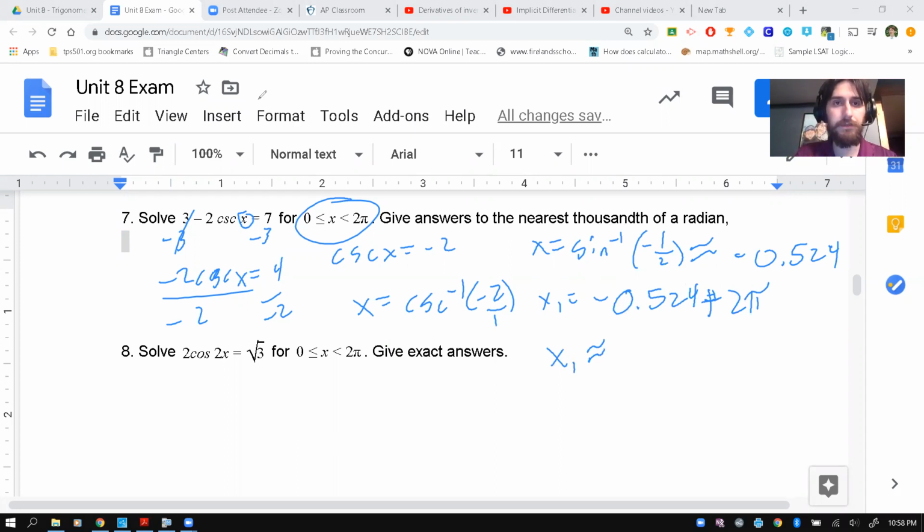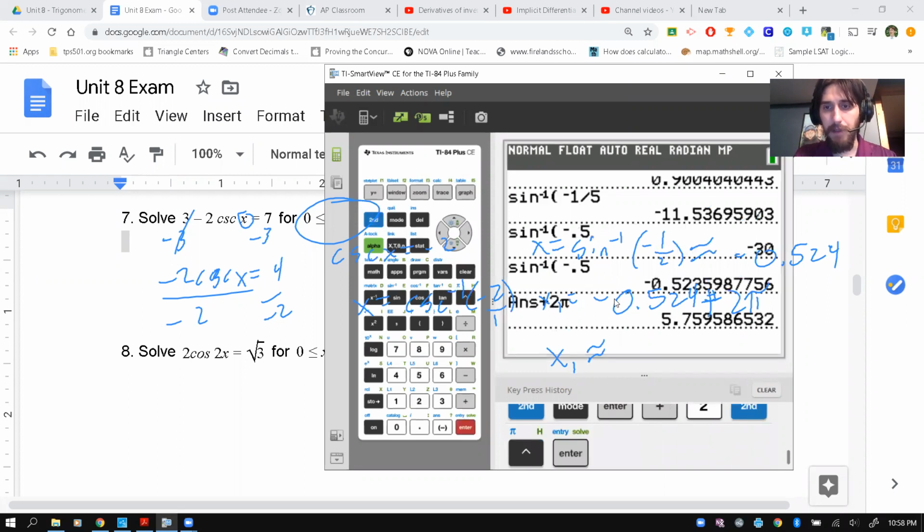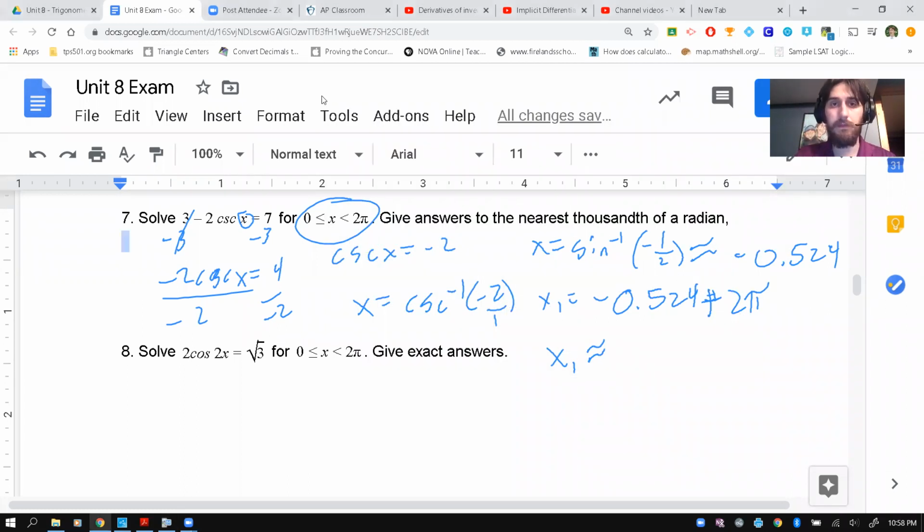Is that right? Plus 2 pi. 5.761 or 5.760. Okay, but that is the answer in quadrant 4.